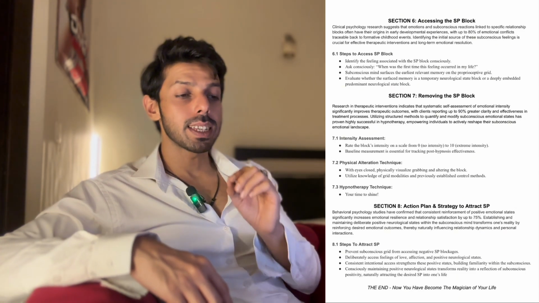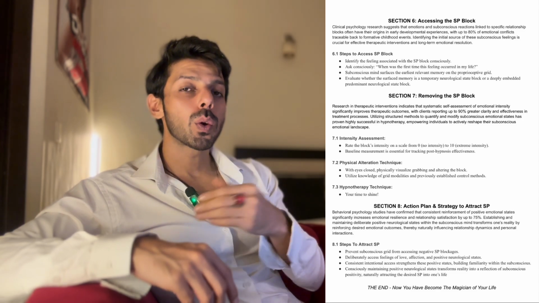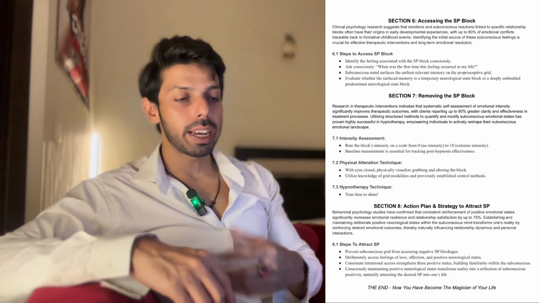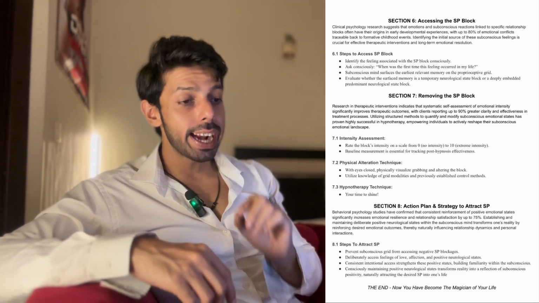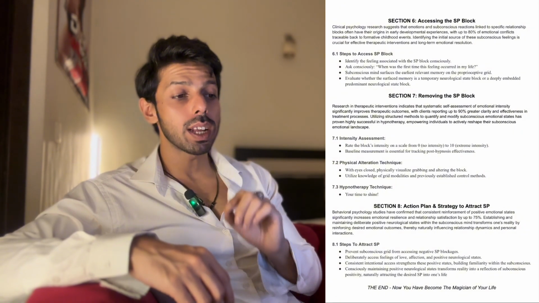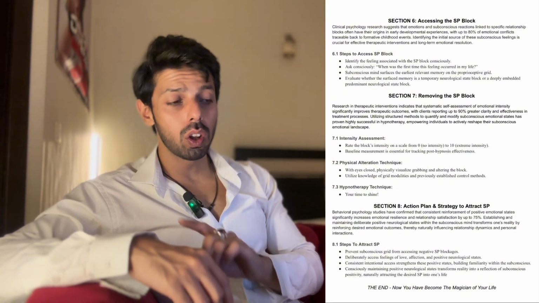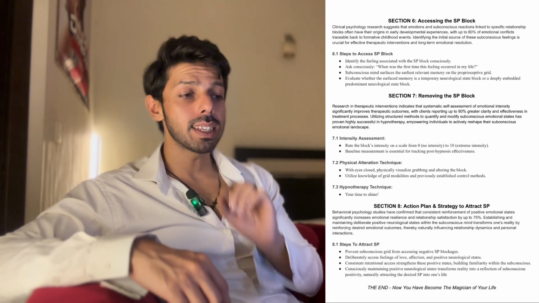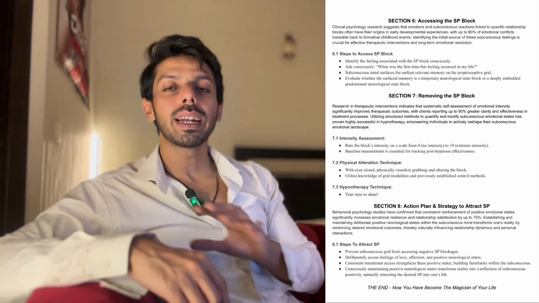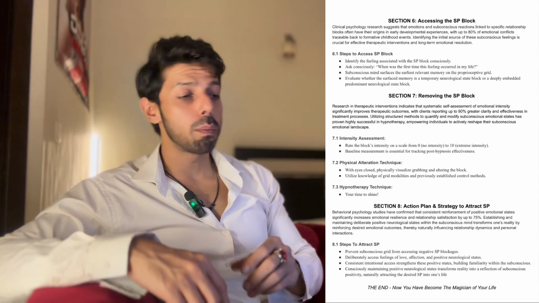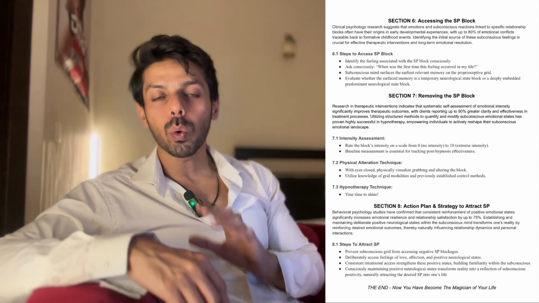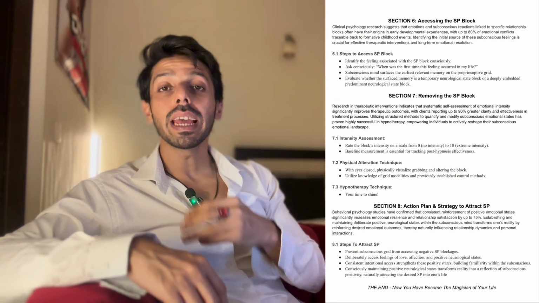Now, intensity assessment. Whenever you begin this technique, you need to rate the block's intensity on a scale of 0 to 10, which means 0 is no intensity, I cannot feel this particular emotion, and 10 means extreme, it is extremely intense.